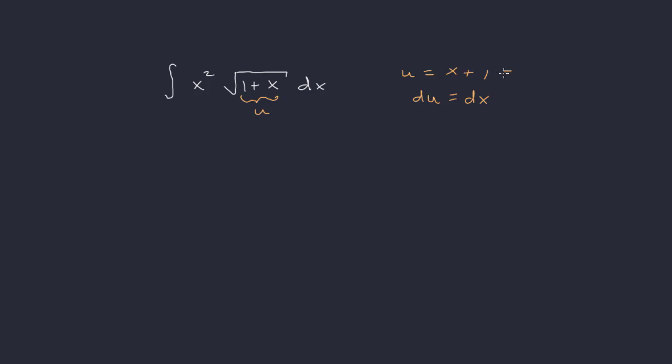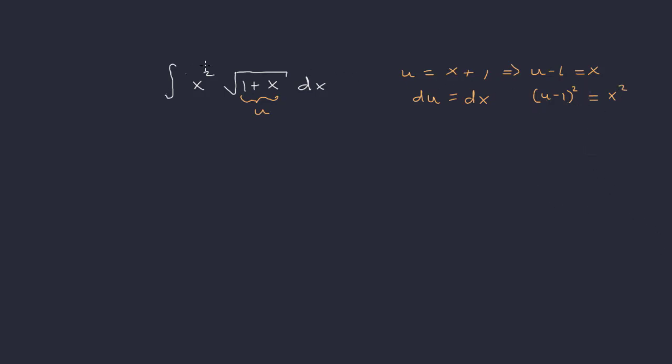But if we do like we did last time and say, oh, okay, so if u is x plus 1, that makes u minus 1 equal to x, right? I just moved that 1 over. And that also means if I square both sides of this, that u minus 1 all squared is going to be equal to x squared.